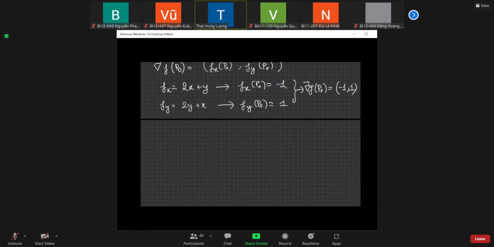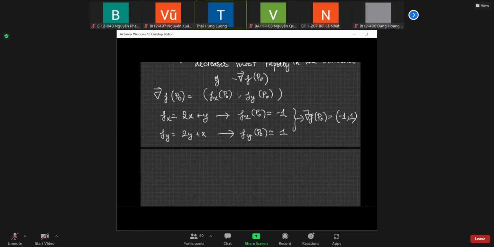but you cannot say that the direction is this vector. We should normalize. So the direction in which the function increases most rapidly is this unit vector, given by normalizing the gradient vector at p0.